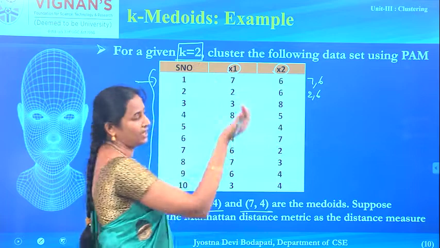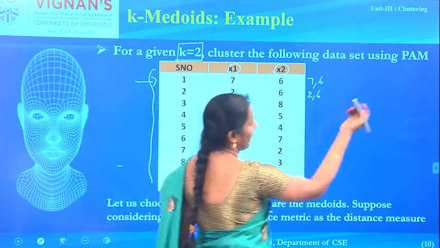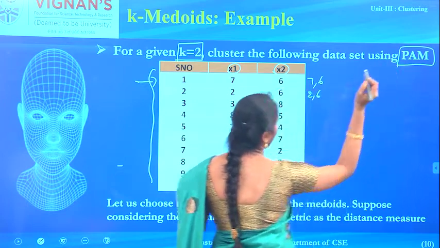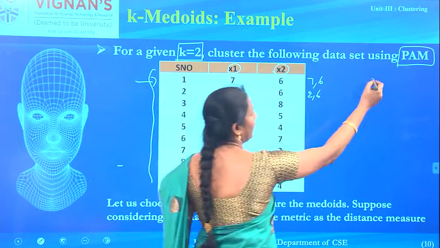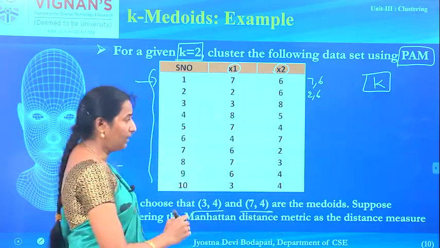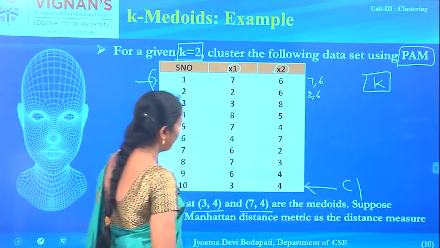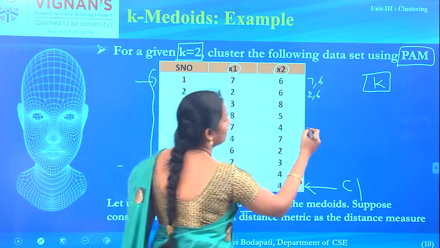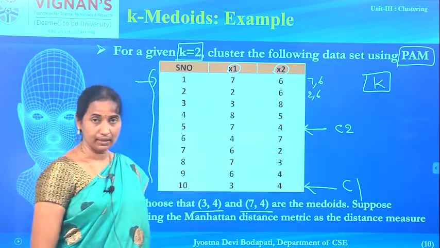Similar to K-means clustering, in the case of PAM, or partitioning around Medoids, the K-Medoids algorithm, we are going to choose k random samples from the given data. And in this example, I am going to choose this data point as the first Medoid, and 7 4, that is this one, as another cluster center, that is a Medoid.